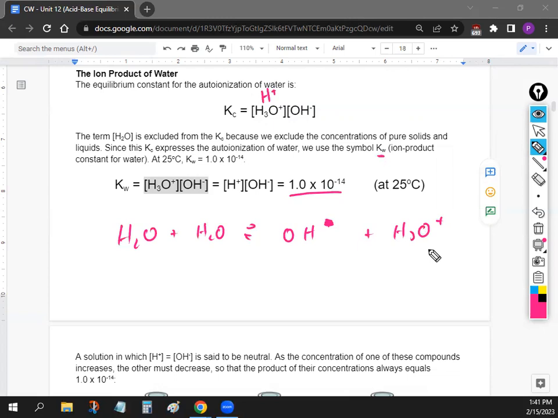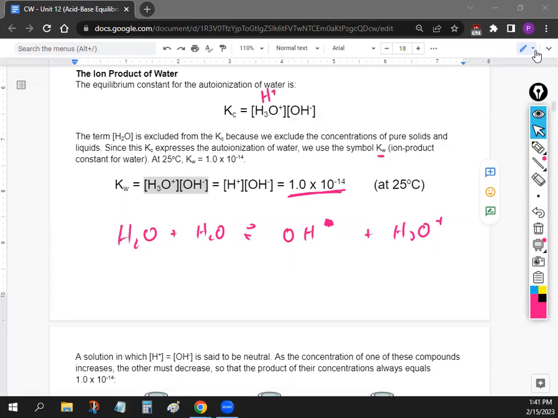We can simplify H3O plus as H plus, because if we look at the net ionic equation of what's actually going on, the only thing that's really being transferred is the H plus. This is a constant at 25 degrees Celsius. The only thing that's happening in this equation is the H plus is moving back and forth.